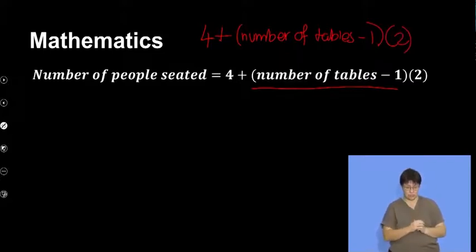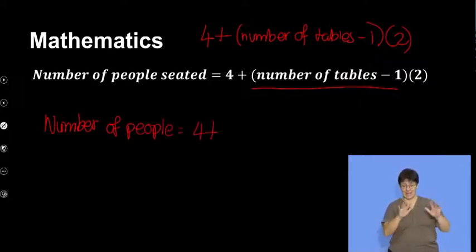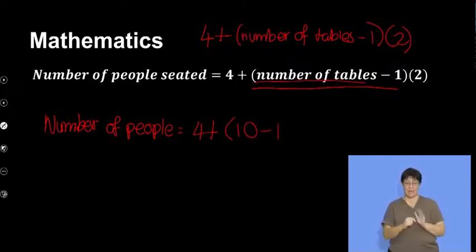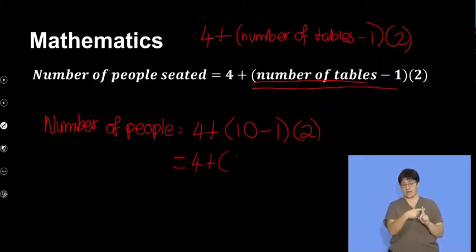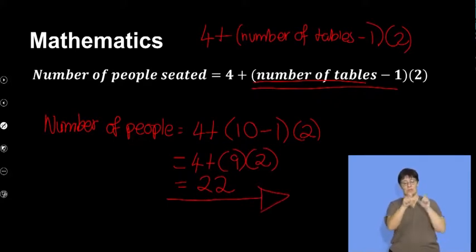So the number of people at 10 tables will be 4 plus the number of tables, which is 10, minus 1, times 2. So I'm going to have 4 plus 9 times 2, which is going to give me 22 people seated at 10 tables.